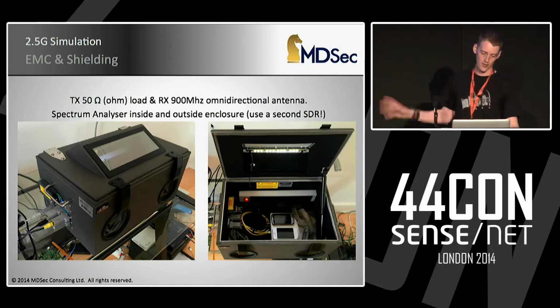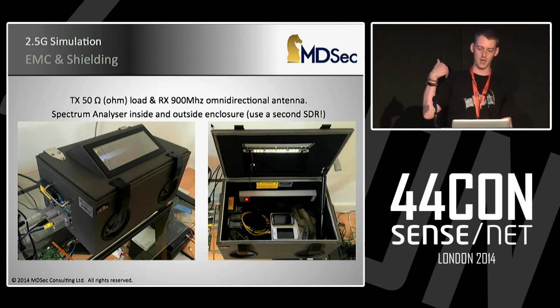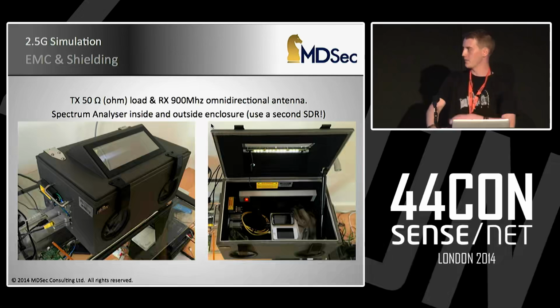And I also put on the front of the radio a 50 ohm load, so that the energy being radiated out of the radio is just absorbed by this load and isn't radiated as effectively as it would be on a band-matched antenna. And then I put a receiving antenna on there for 900 megahertz because I still wanted to hear the phones. I just didn't want to have a high-powered transmission, or I wanted to be able to isolate what I was doing from the rest of the world.